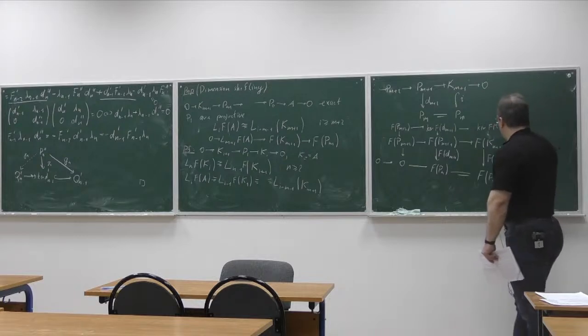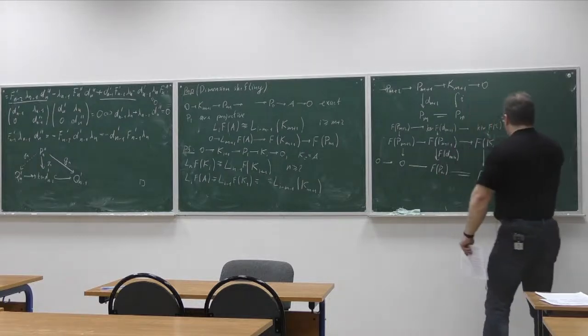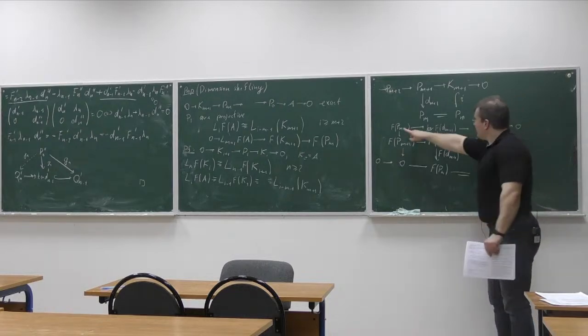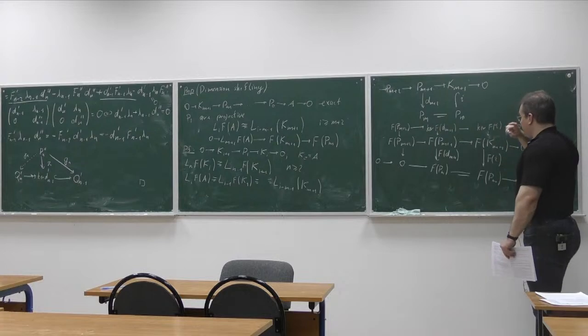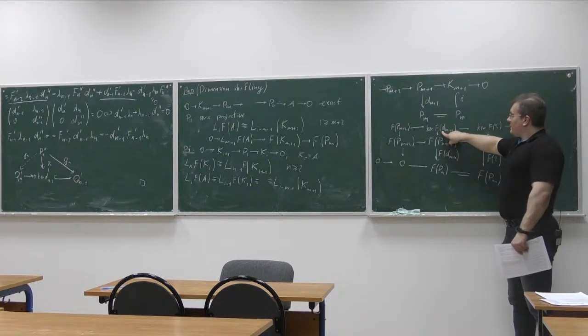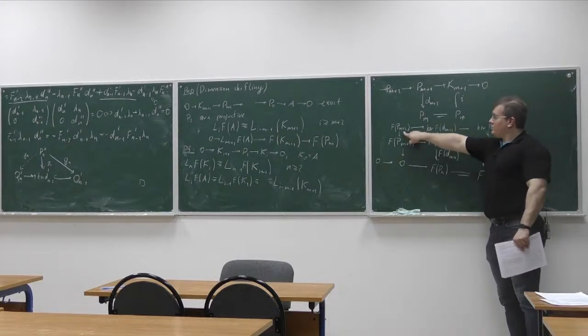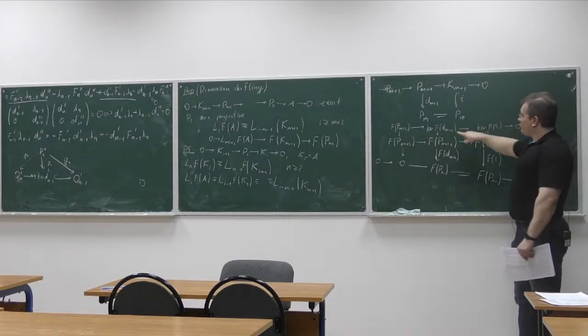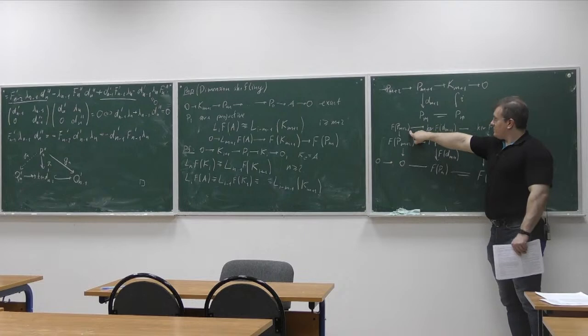So now, looking at this exact sequence, this exact sequence and this exact sequence, I can see that if I take this kernel and take the quotient by the image of this map, this will be exactly this kernel. But what's the quotient of this thing by the image of this?